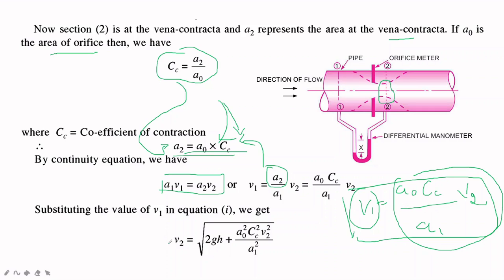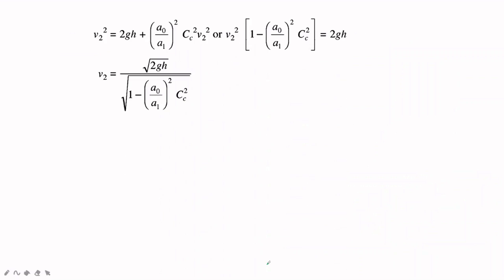Once we got this V2, simplify this term. So V2 square is equal to 2GH plus A naught by A1 whole square, Cc square, V2 square.